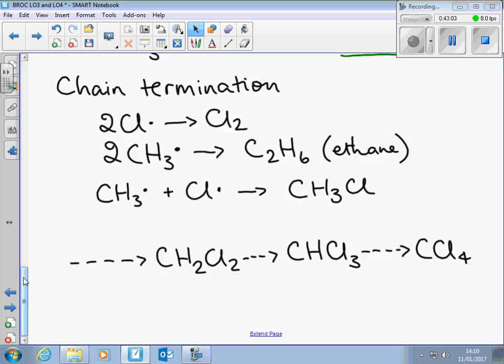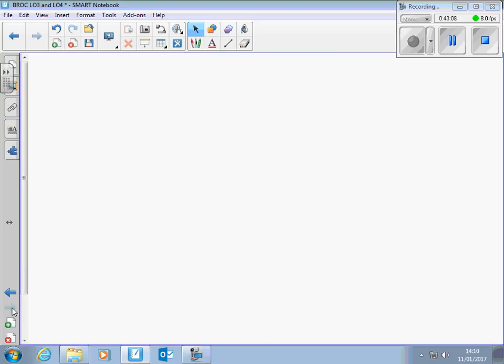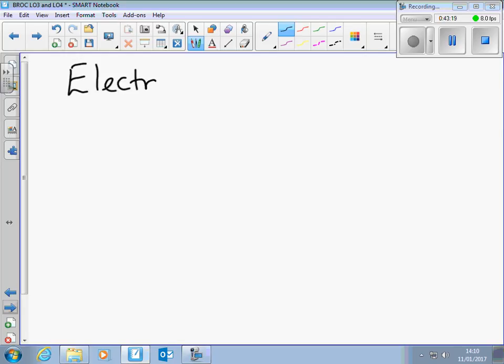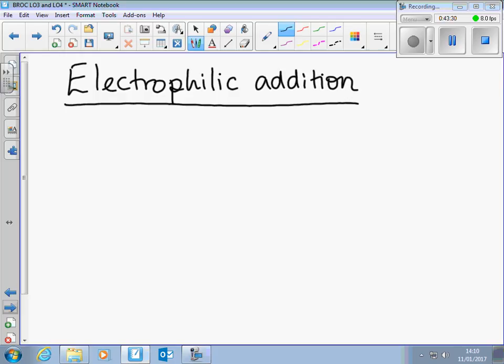This starts off with a nice description of the pi bond, the pi system. So this one, electrophilic addition. The example we're going through on here is not a specific one.